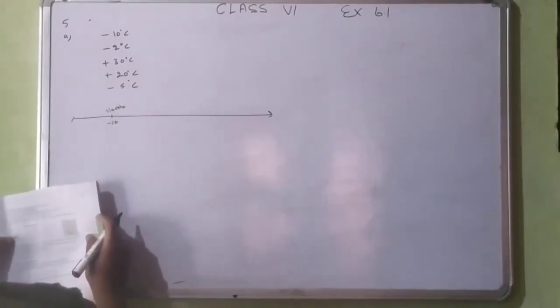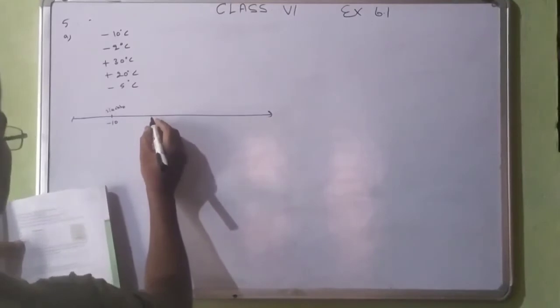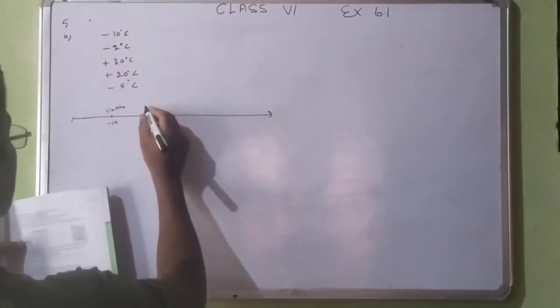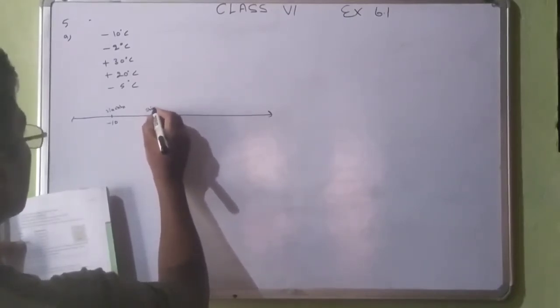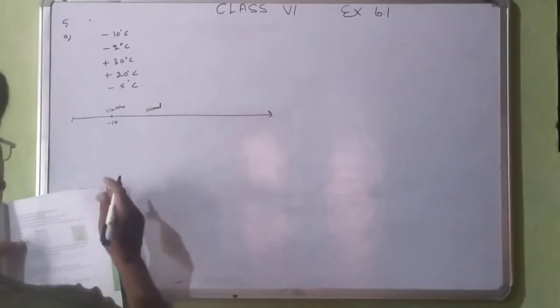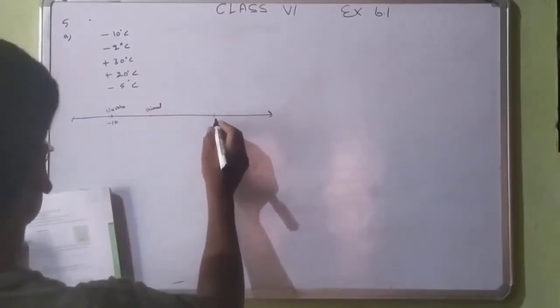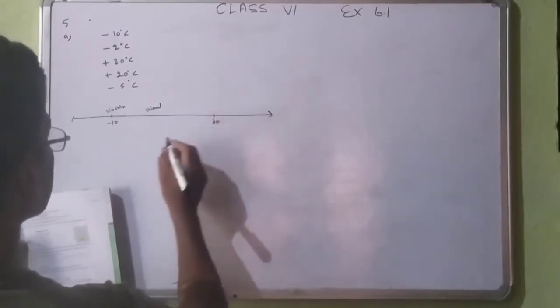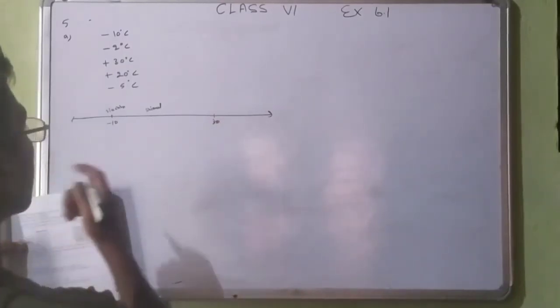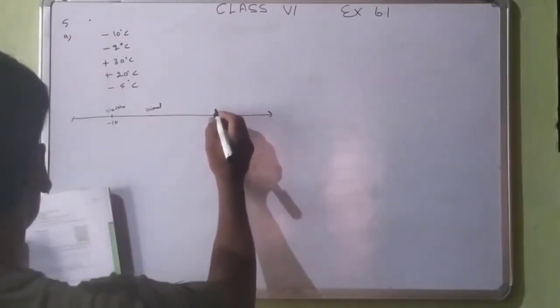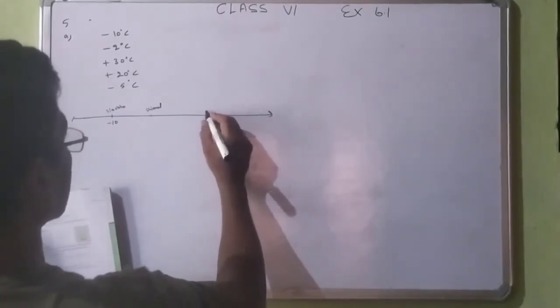And then 2 degrees Celsius, this is the small line, this will be Shimla. And then 30 degrees Celsius, this will be Ahmedabad.